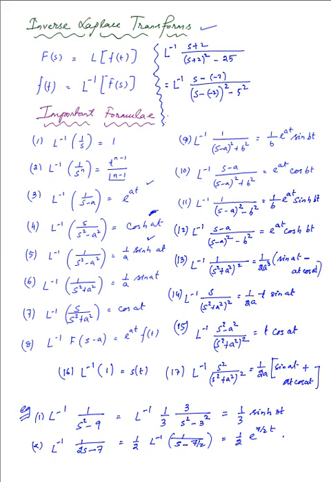Well, if you look at this one over here, you have e raised to the power at, and then you have the cosine hyperbolic bt, b being that 5 that we have, the square term. So this is simply e raised to the power at, a here is minus 2, so e raised to the power minus 2t, and then we have the cosine hyperbolic, b is 5 over here, so this is 5t. So that's the answer that we were looking for.